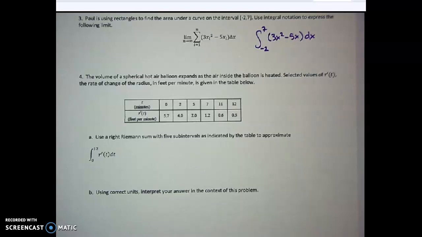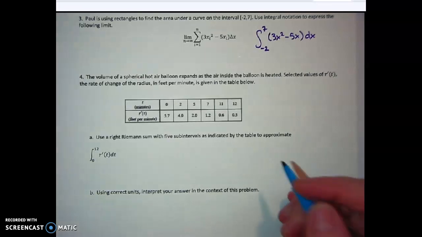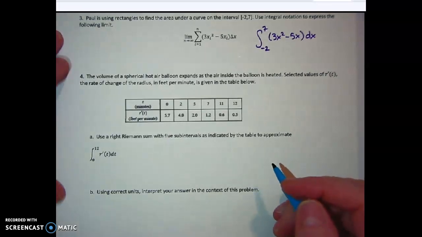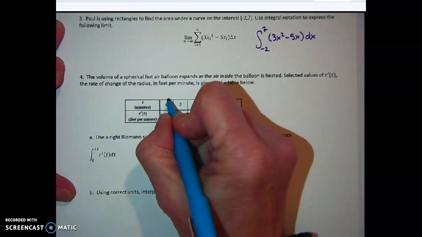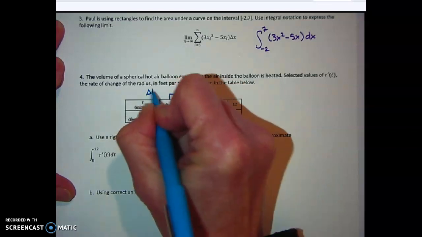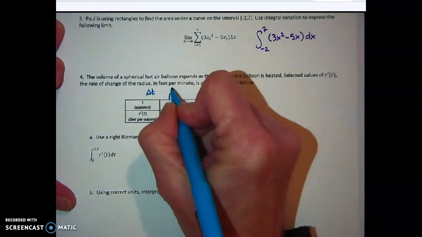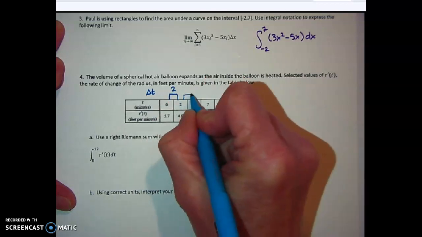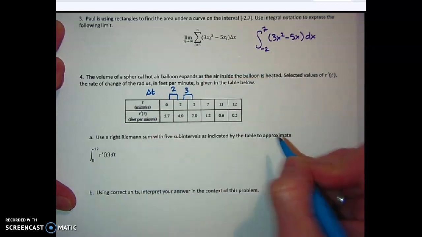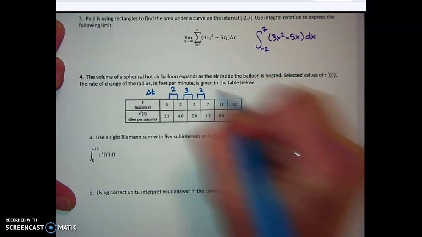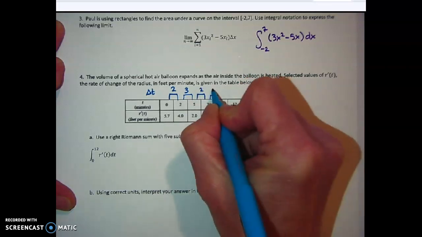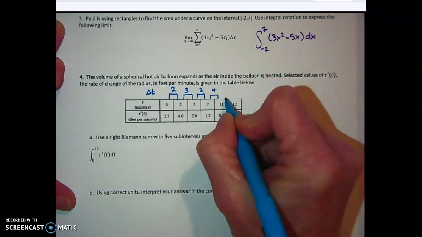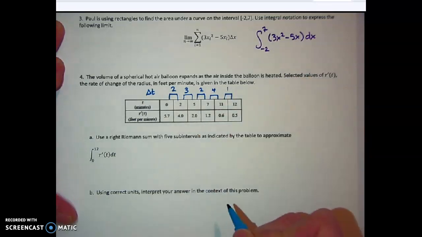So we need to know our right endpoints and our delta t. Our change in t here is going to be 2. In this interval, our delta t is going to be 3. There it's 2 again. There my delta t is 4. And here my delta t is 1.